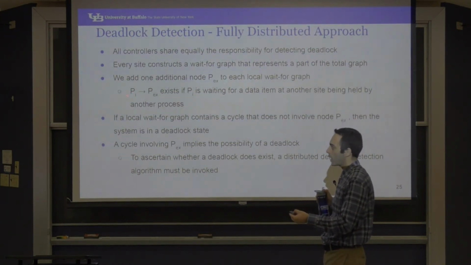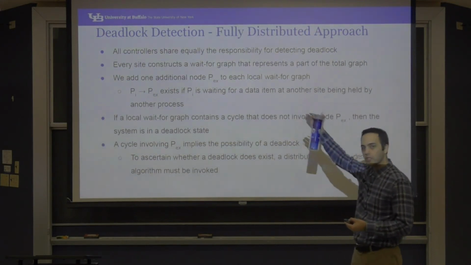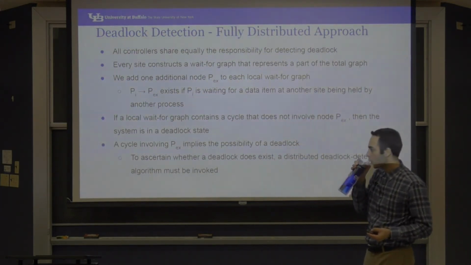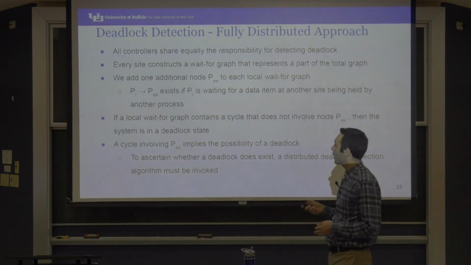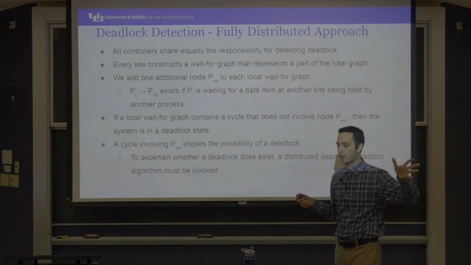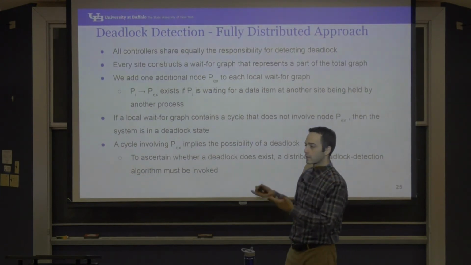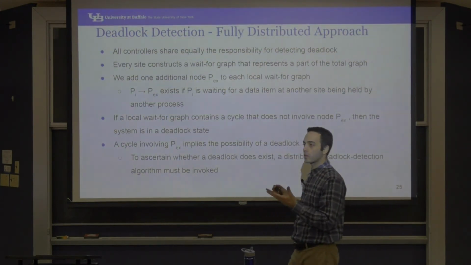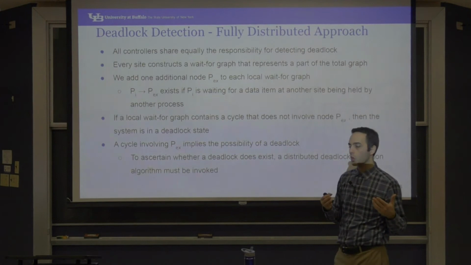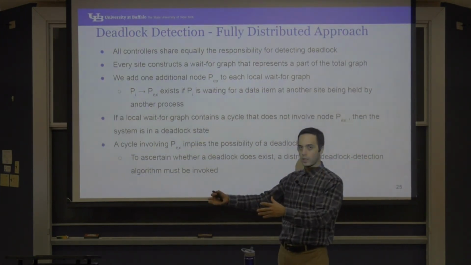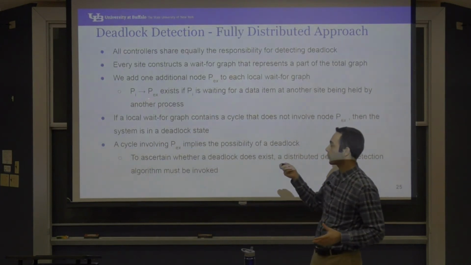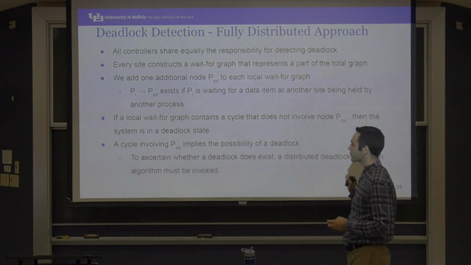That means that Pi is waiting for a resource external to this site, right? And vice versa. If a process from another site sends a request to a process in this site, we can also show that by a different process waiting for a process here, and again we show that with an edge from PX to Pi, right?